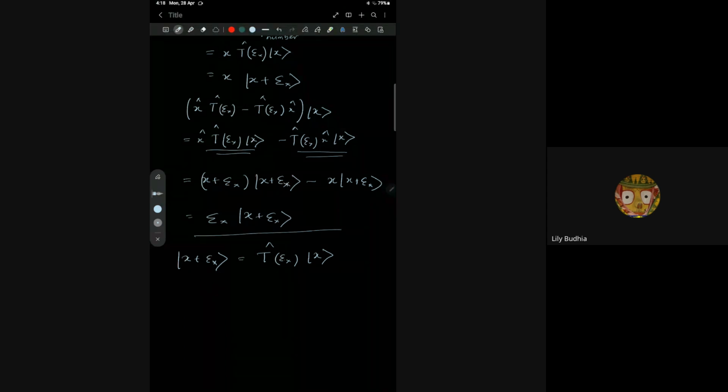Now we have already discussed that this generator of the translation operator T can be written as identity minus I epsilon of k, right?